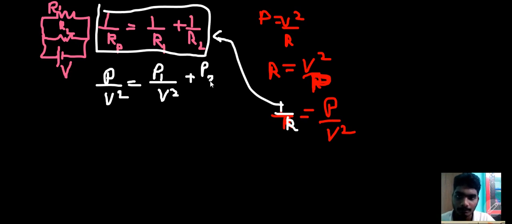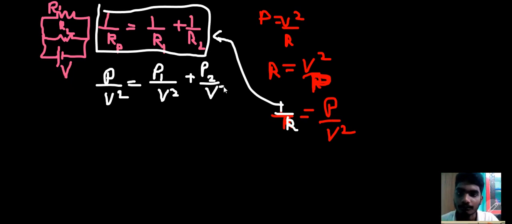The potential difference used in the circuit is constant in both cases, not the potential difference on each wire, which is not going to be the same. The potential difference across both resistors is going to be constant. Used in the circuit, we have to note it down.